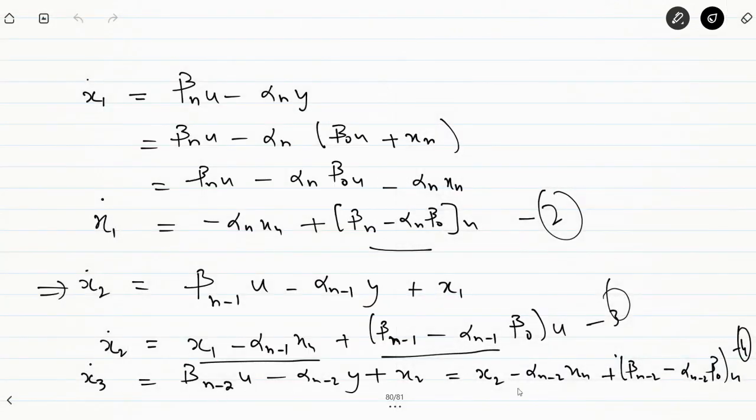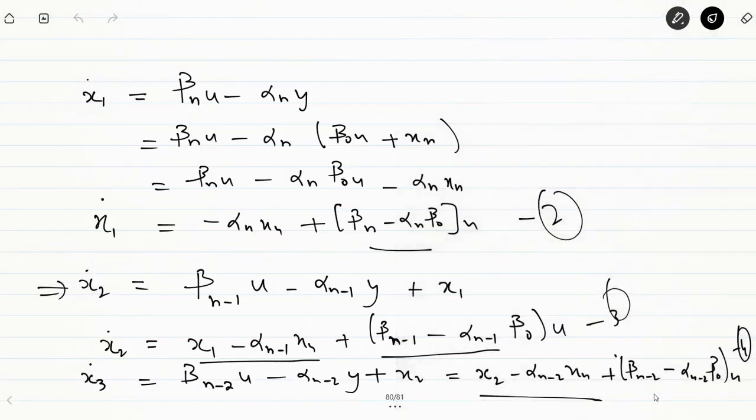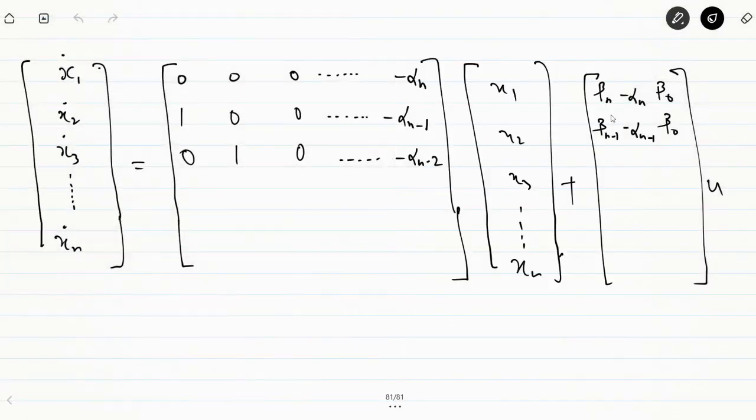If you look at x3 dot, it is x2 minus alpha n minus 2 xn, so that means 0 times x1, 1 times x2, 0 times x3, minus alpha n minus 2 times xn, plus beta n minus 2 minus alpha n minus 2 beta naught. So you can see a pattern emerging.